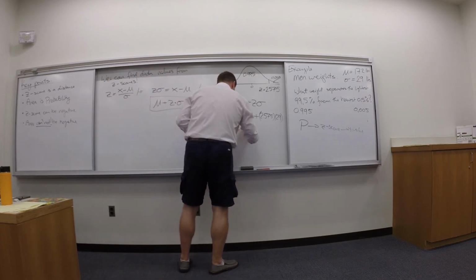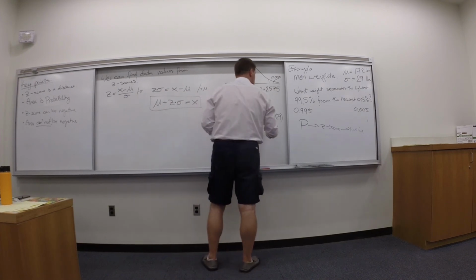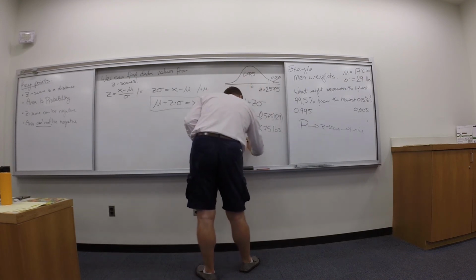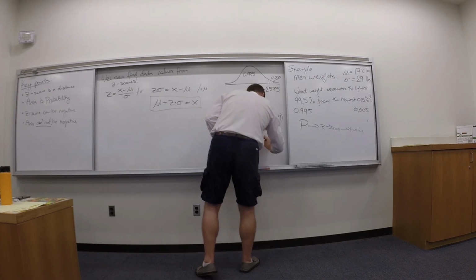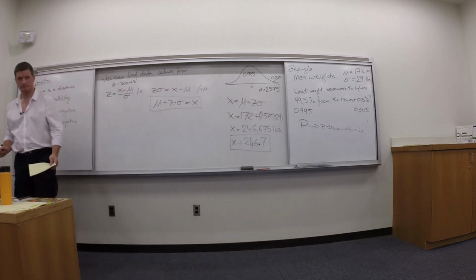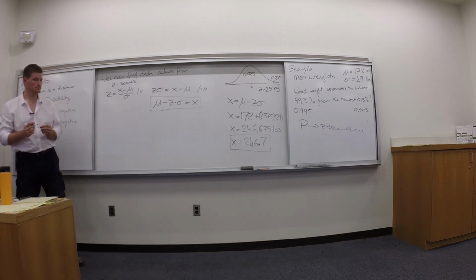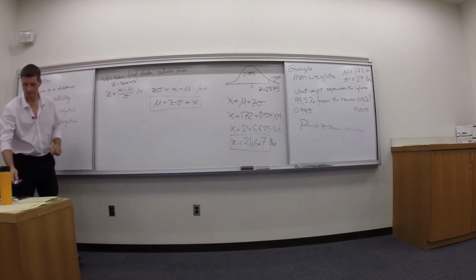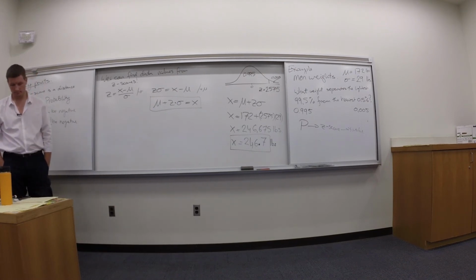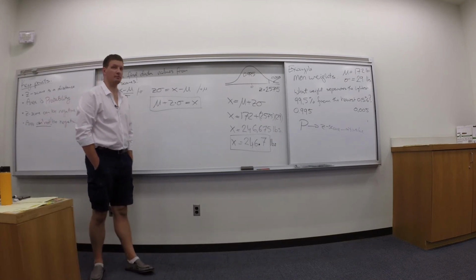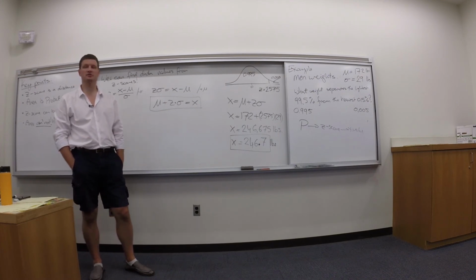And that comes out to be 246.7 pounds, the weight that separates the heaviest 0.5% from the other 99.5%.